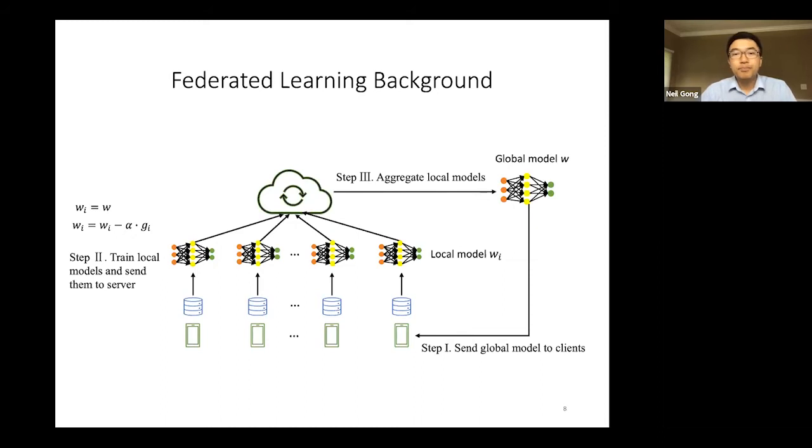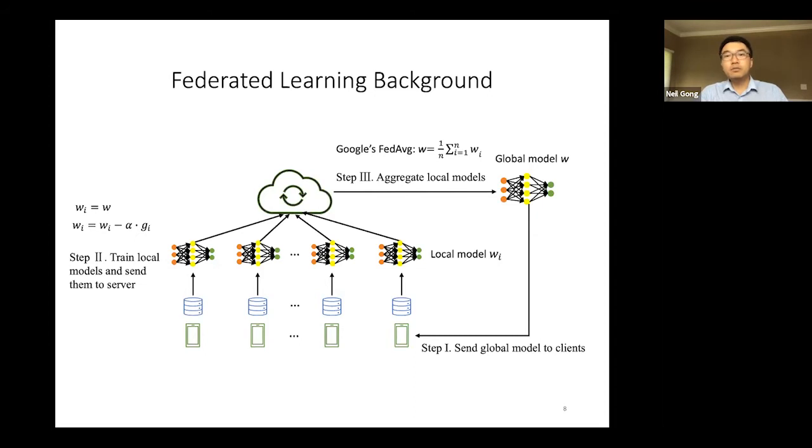In step 3, the server aggregates the clients' local models as a new global model. For example, in a federated learning method called FedAvg, developed by Google, the global model W is basically the average of the clients' local models.